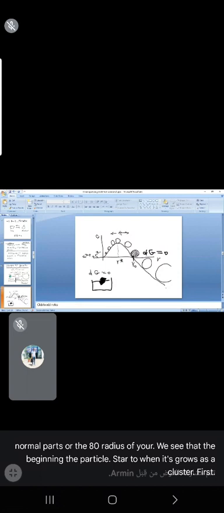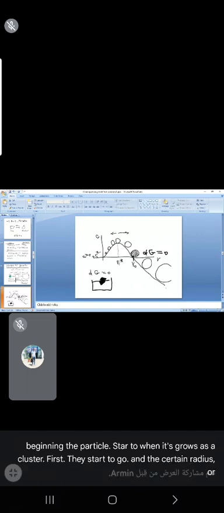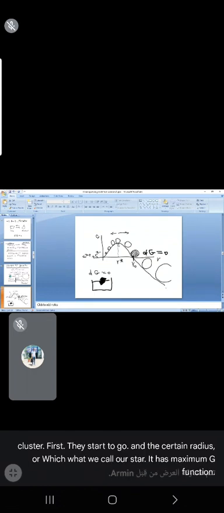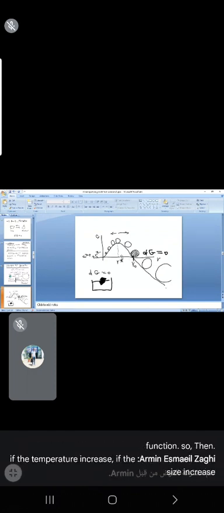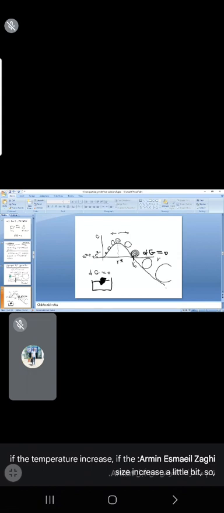First they start to grow, and at a certain radius, which we call r star, it has the maximum G function. So then if the size increases a little bit, the G starts to reduce.